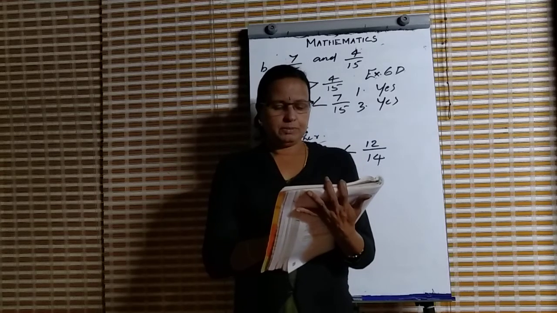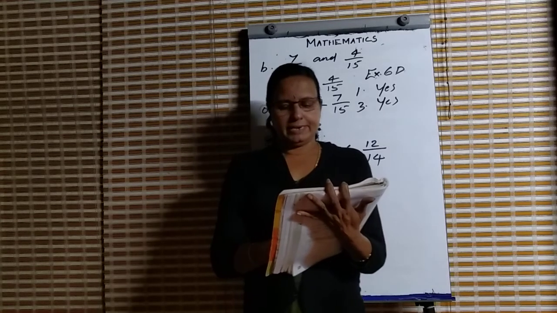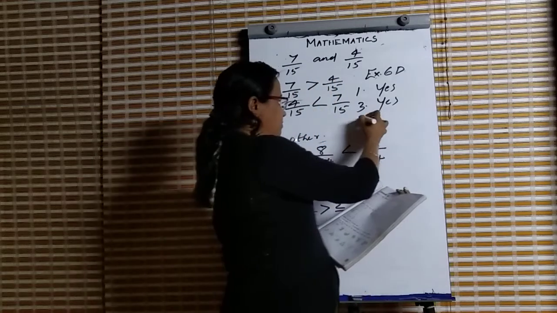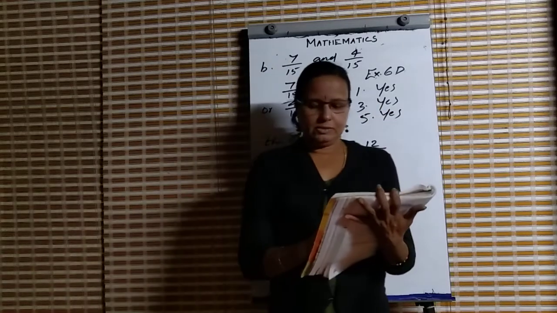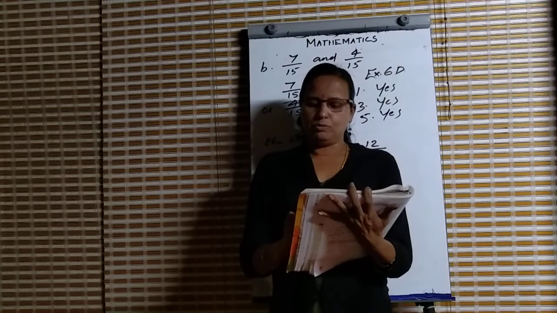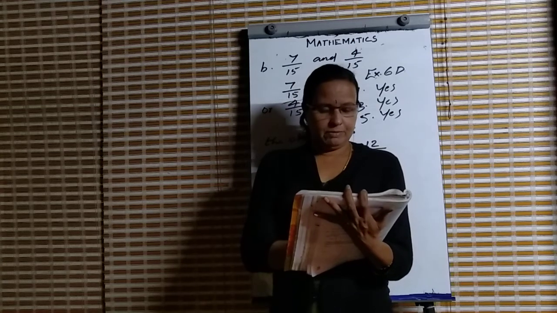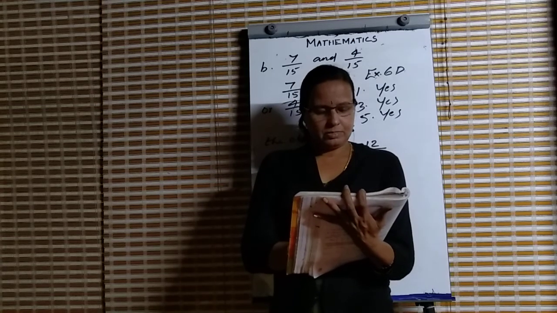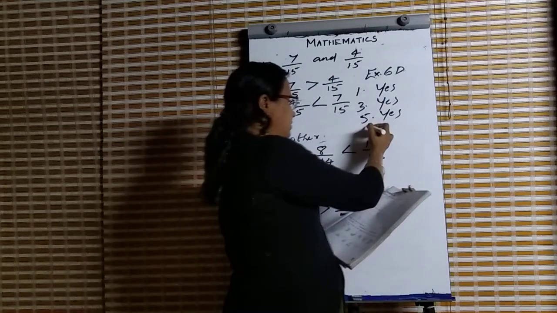Unlike. Fifth, 6 by 13, 7 by 13, 8 by 13, 11 by 13. Yes, like. Then 6, 3 by 9, 5 by 9, 6 by 7, 2 by 5. Unlike. Then 7, 7 by 8, 2 by 8, 1 by 8, 5 by 8. Yes.